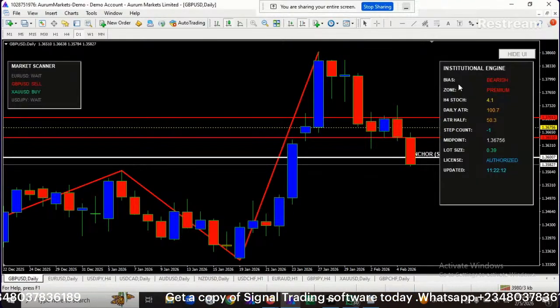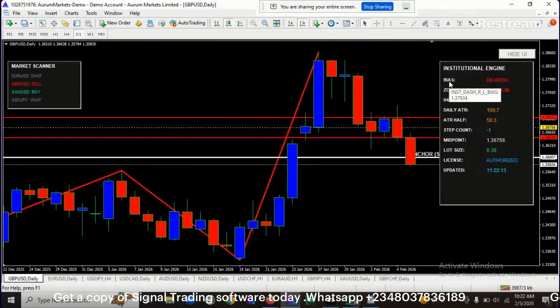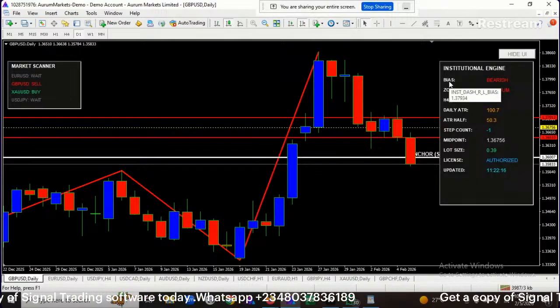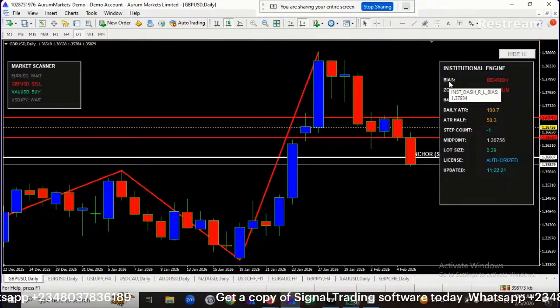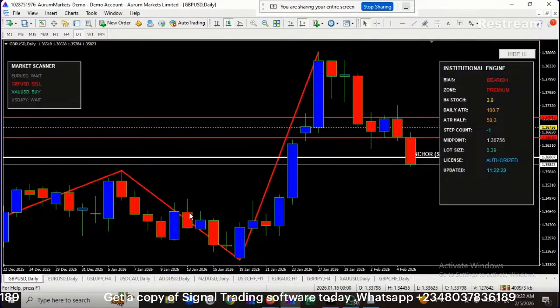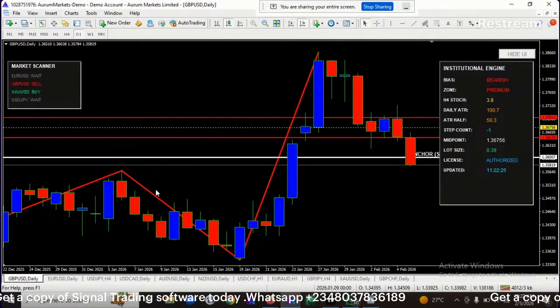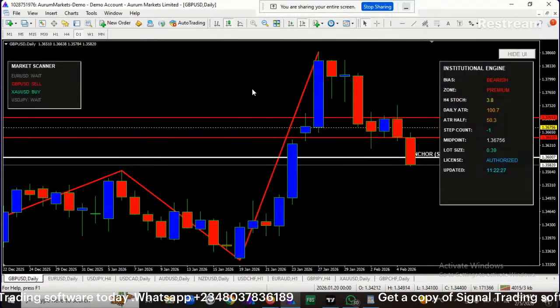Once this changes to bearish, start selling. Since Monday. So if you didn't take this trade, oh no.